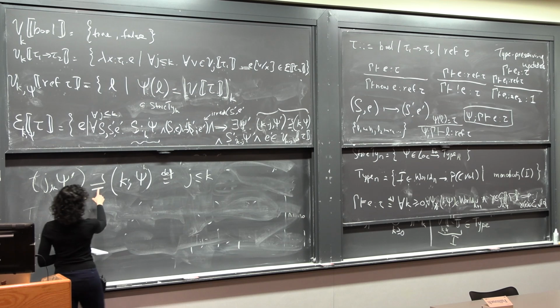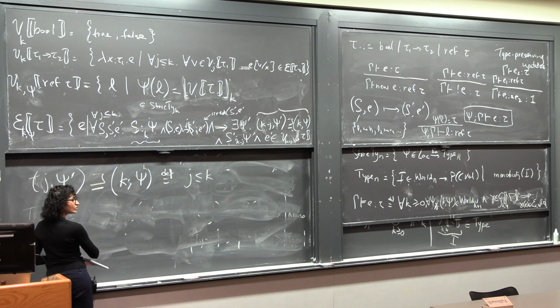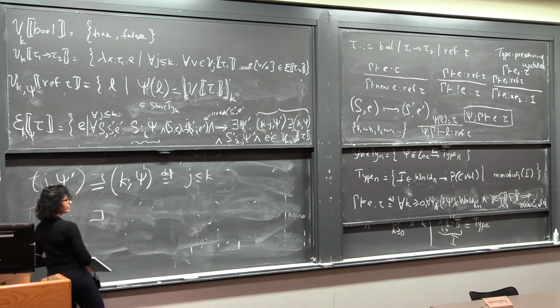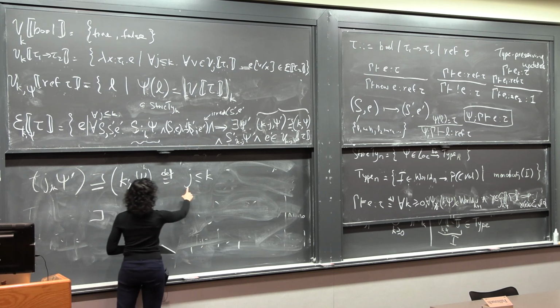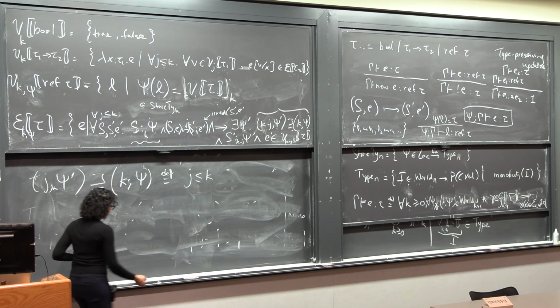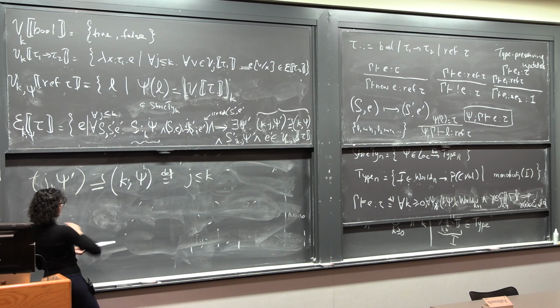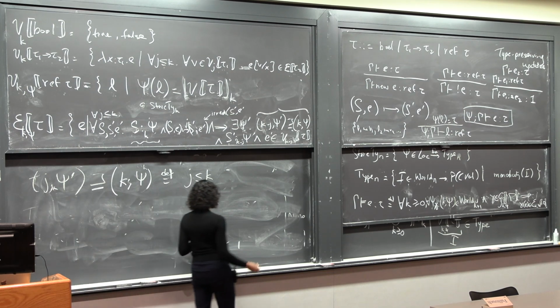And if I wanted to, sometimes we use a square bracket less than or equal to notation, which is why I've picked j less than or equal to k. Some papers will also have this one without the equals, in which case they'll say j is strictly less than k. Just saves you a little bit of trouble. All right, so the step index in the future cannot go up.